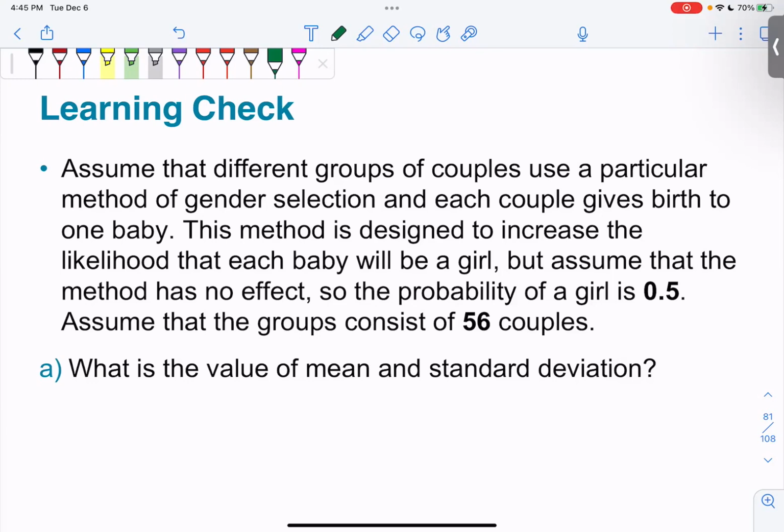The fourth one, p, the probability of success must be constant from trial to trial, which is here, they say, assume that the method has no effect. So the probability of a girl equals 0.5, which is constant.